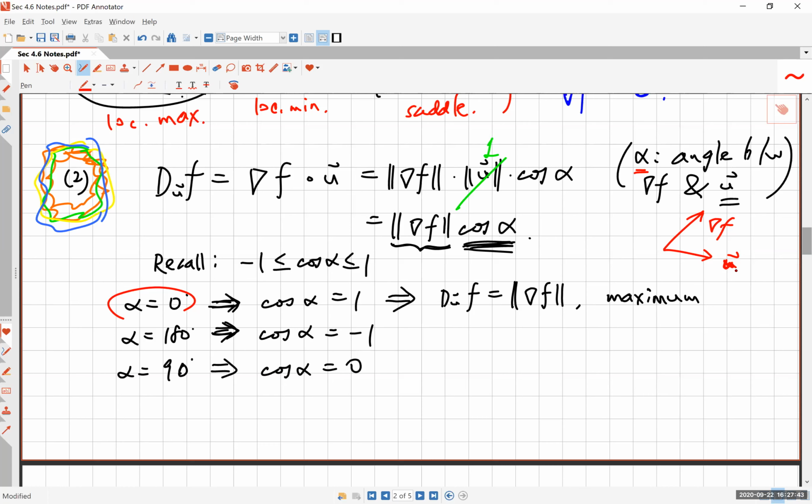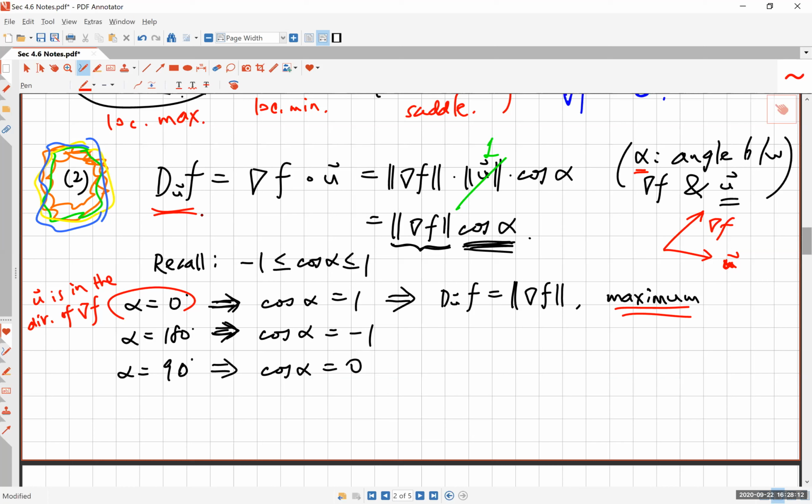So this means u is in the direction of the gradient of f. Basically, the directional derivative becomes maximum in the direction of the gradient itself, when u is in the same direction as the gradient.